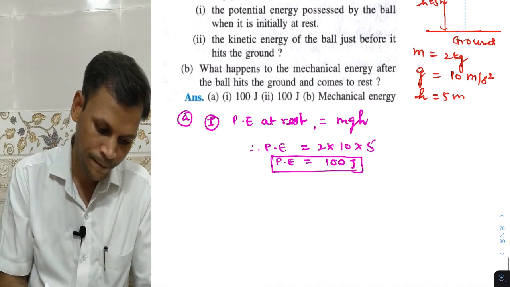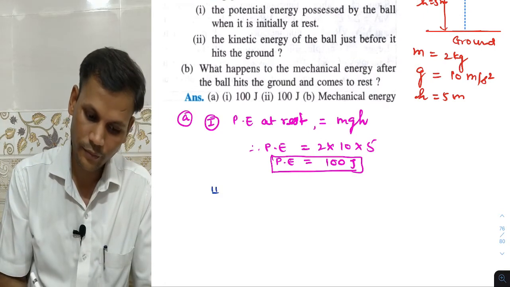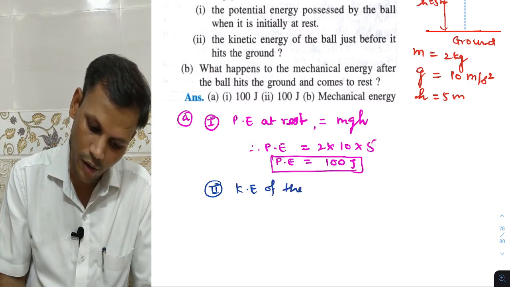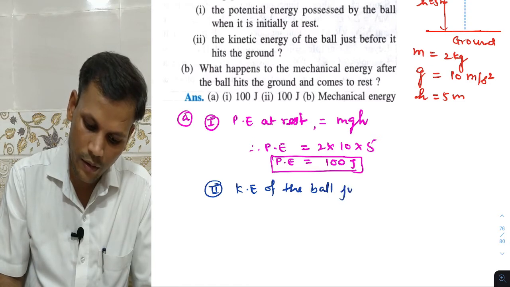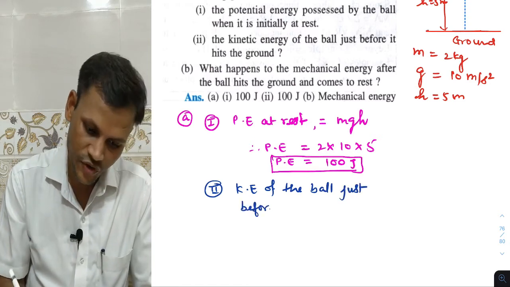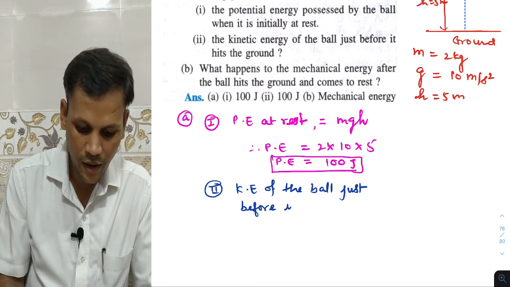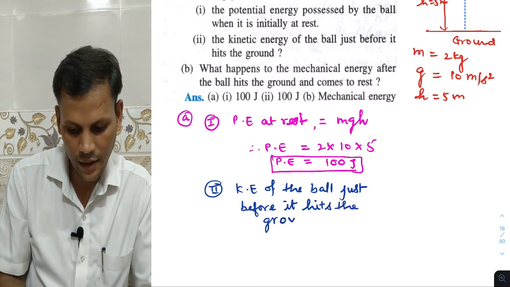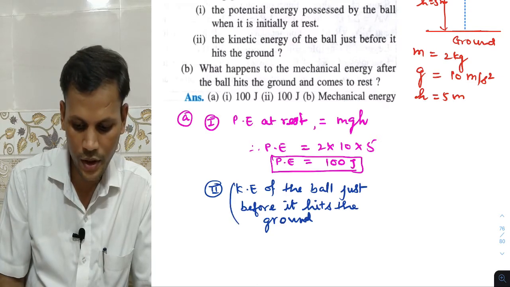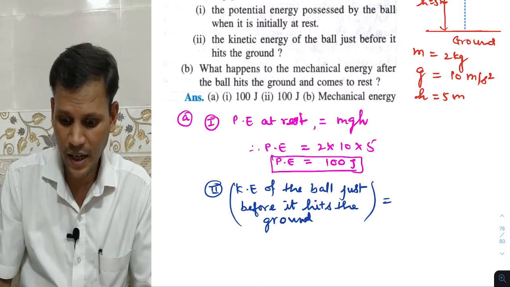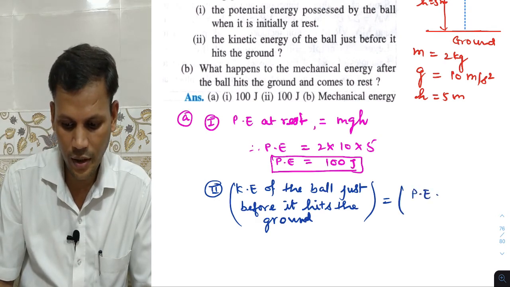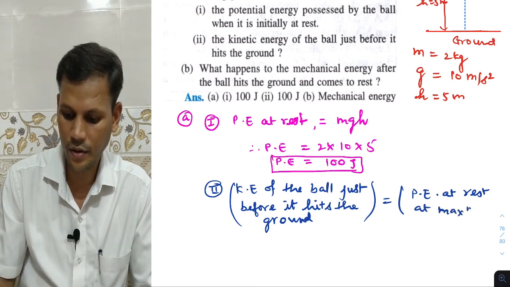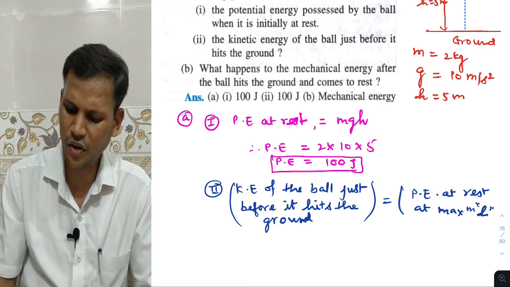So its second part we can write: kinetic energy of the ball just before it hits the ground will be equal to potential energy at rest at maximum height, which is given already as 5 meter.